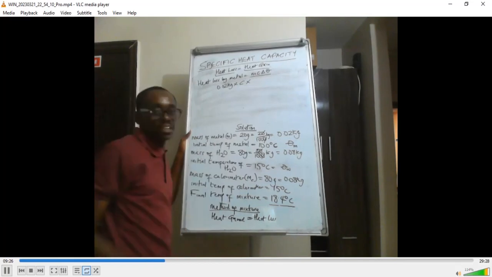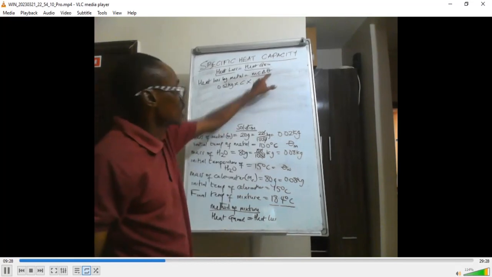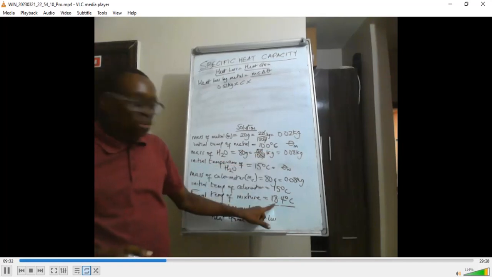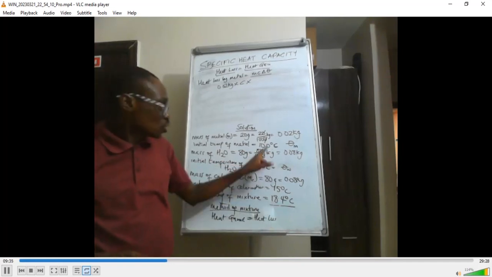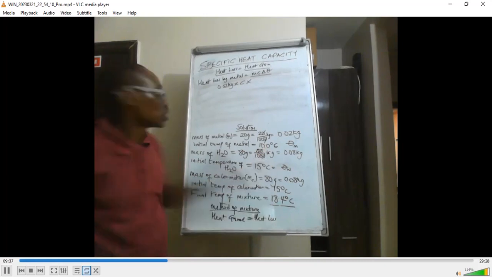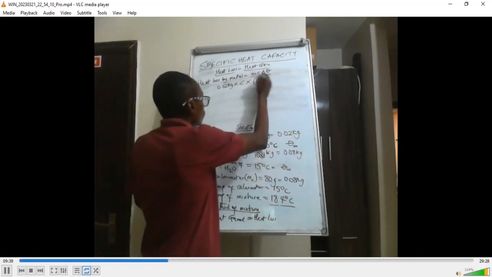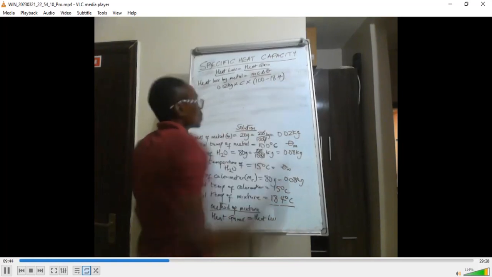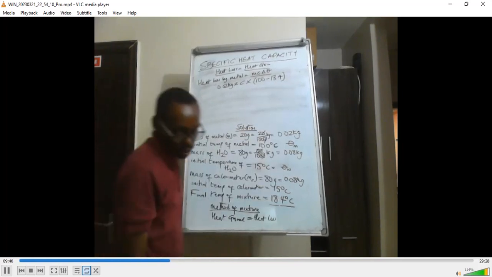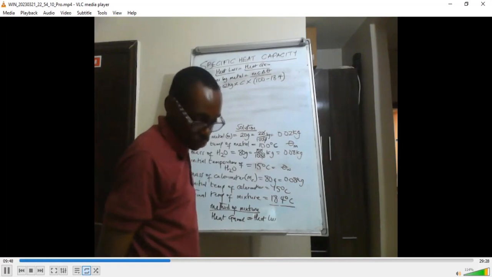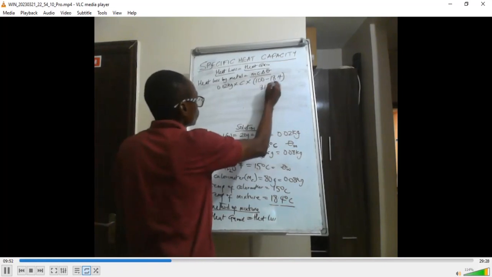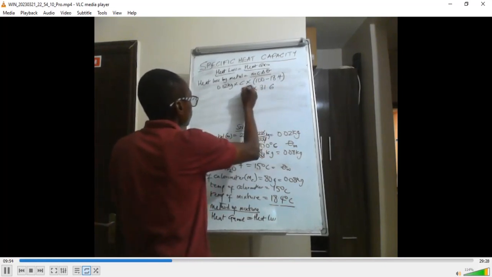Then the temperature change. The initial temperature of the metal was 100. The final temperature of the mixture was 18.4. So it's going to be the higher one minus the smaller one, which is 100 minus 18.4. So 100 minus 18.4 gives us 81.6, times c, times 0.02.